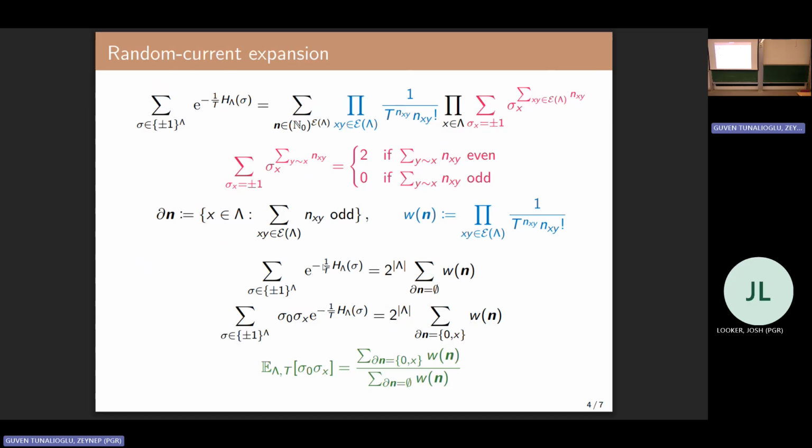So we only sum over currents that are sourceless, that do not have any sources, because currents with sources have 0 contribution. And we're only summing the weight of a current. And this product with this sum over here just ends up being 2 to the power of the number of sites, because we get a 2 at every site.